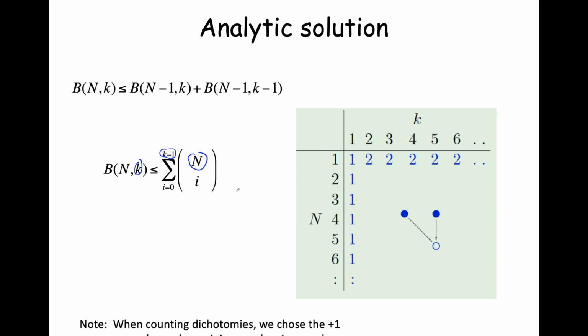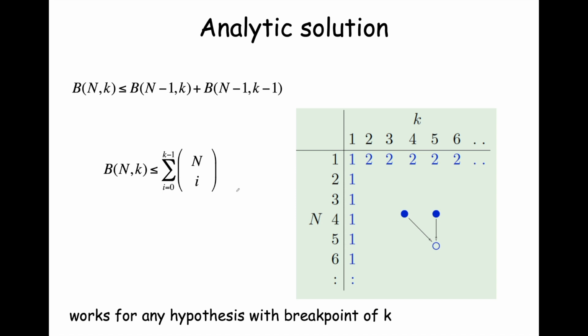All right. So let's take this approach, and this works for any hypothesis set with a breakpoint of k. And that's the beauty of the analytic solution. So now we're going based on a pure combinatorial argument from the data set, which is divorced from the hypothesis set itself, even though the hypothesis set has a breakpoint associated with it.